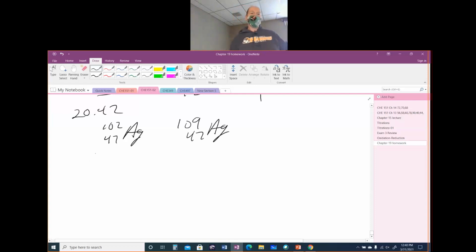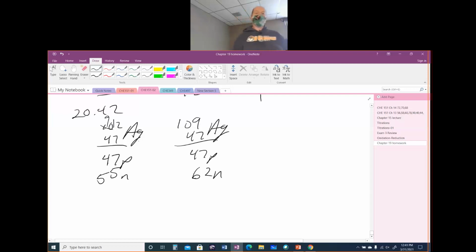So we want to put our protons and neutrons down. Here you've got 47 protons, and when you subtract, you have 55 neutrons. Here you have 47 protons. If you are silver, you're 47 protons. And when you subtract that, you got 62 neutrons.